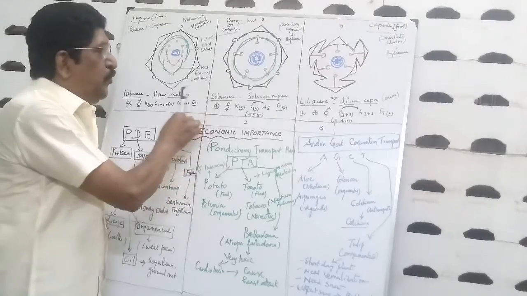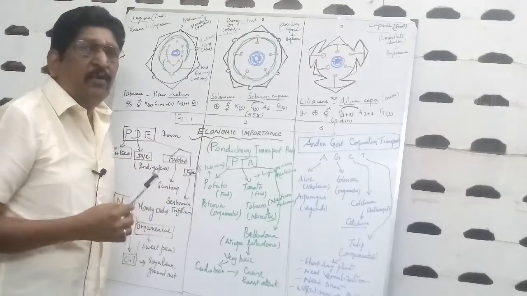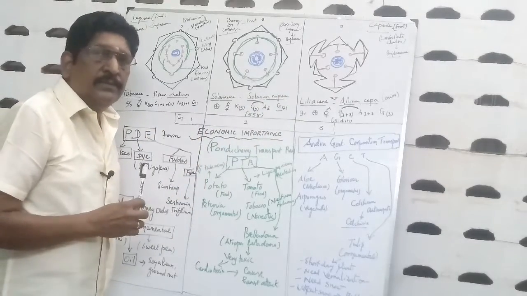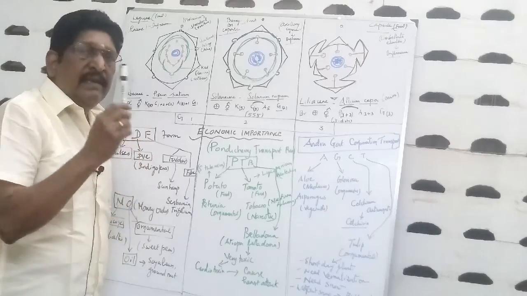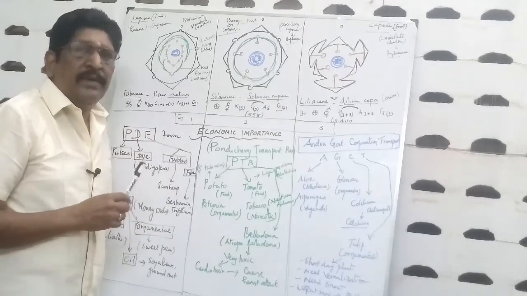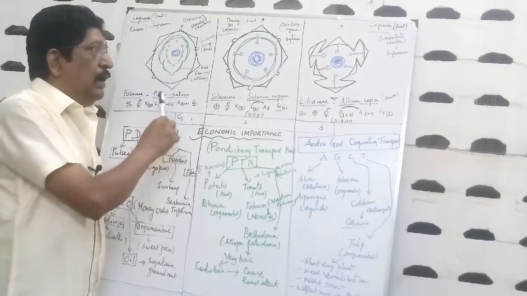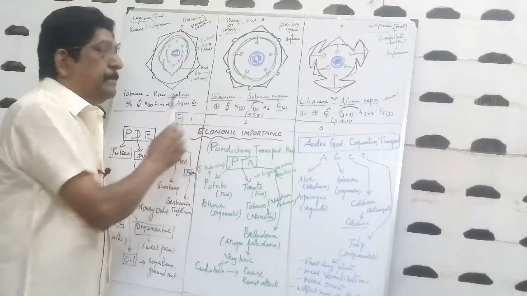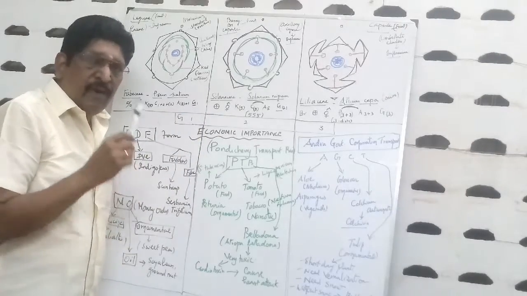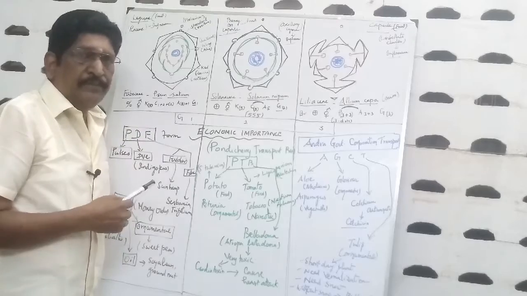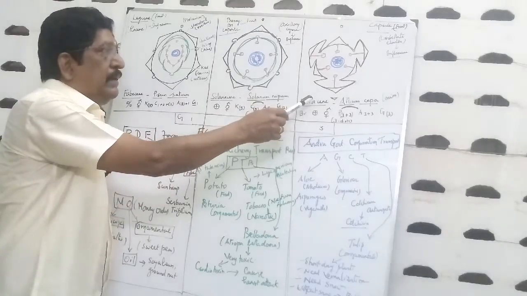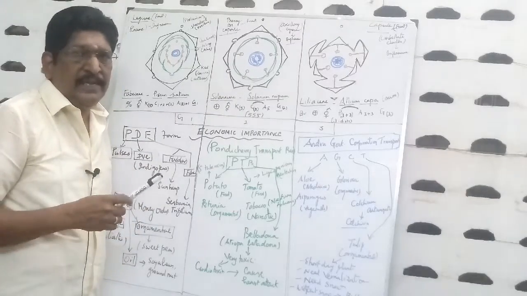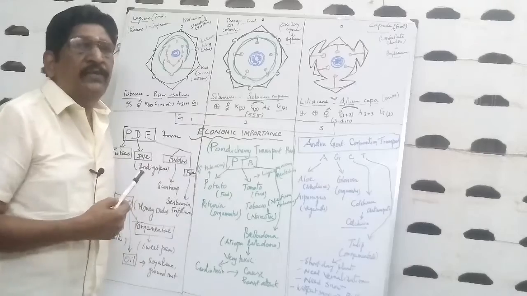Because these two families belong to dicot families, and Liliaceae belongs to the monocot family. One of the most important characteristic features of dicot families is that the flowers are pentamerous. That is, the floral parts are 5 and multiples of 5. Whereas in monocot families, the floral parts are trimerous, that is 3 and multiples of 3.